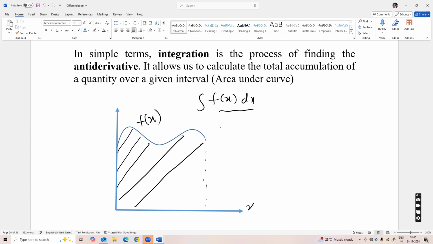So this is x, this is f of x. So integration gives you the area under the curve.